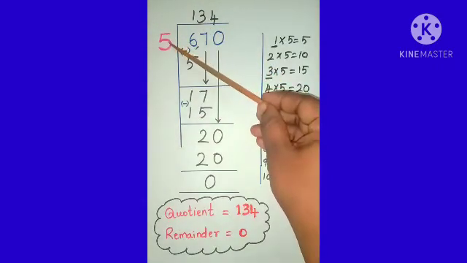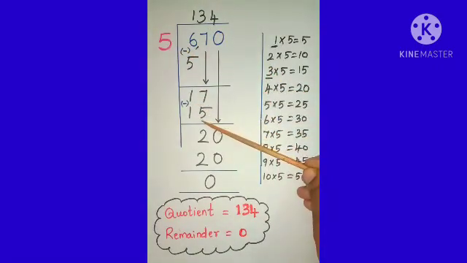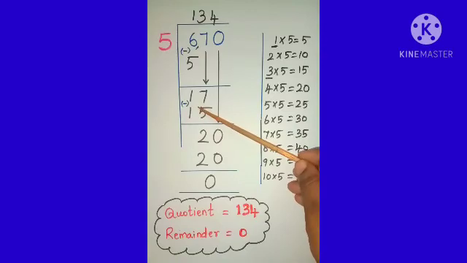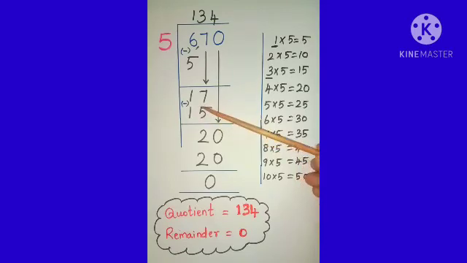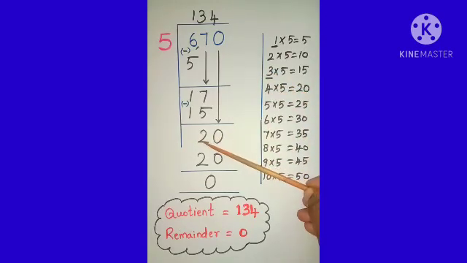As our next step, what we have to do? Yes, we need to take the difference. That is subtracting 15 from 17. 17 minus 15 is 2. As a next step, bring 0 down next to the number 2, which gives 20.